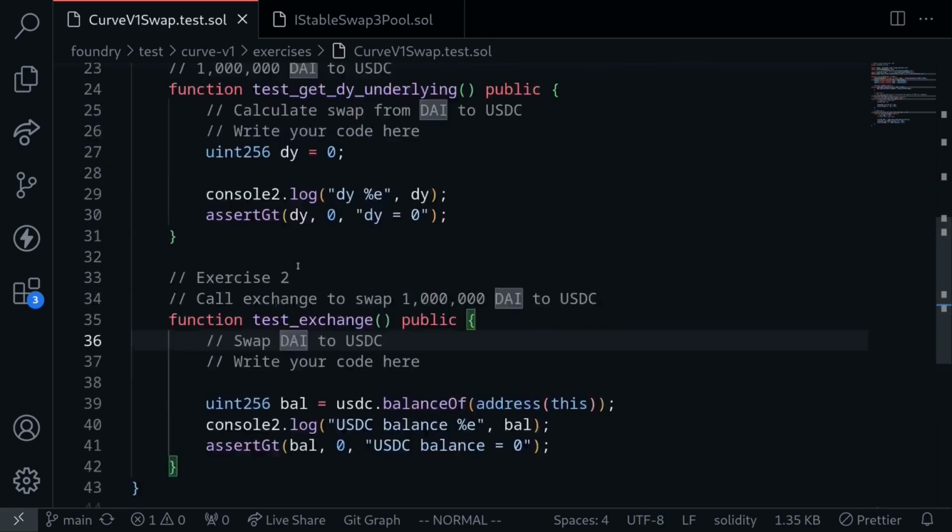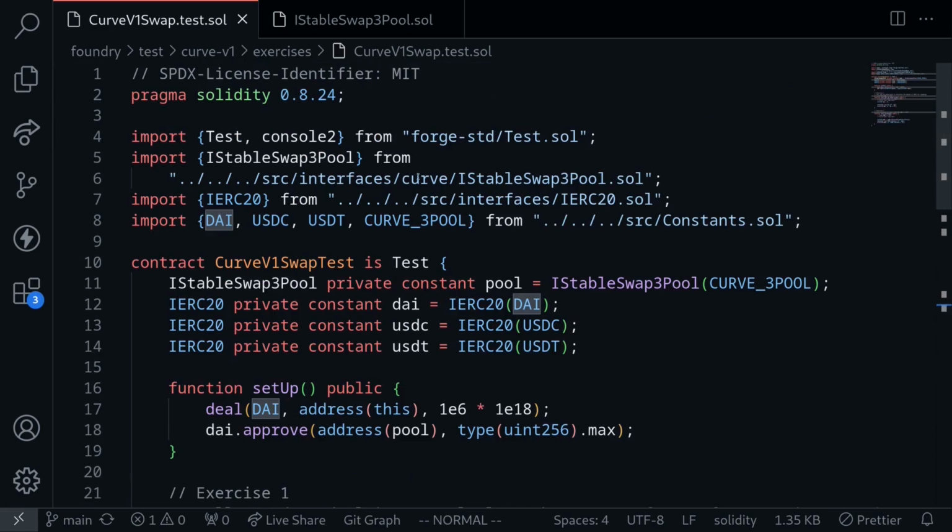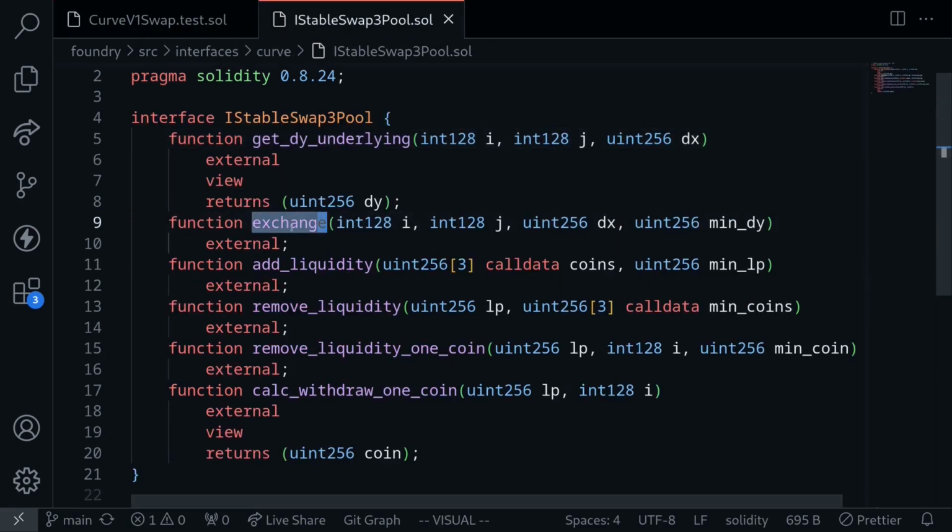To call the function exchange, you can navigate to the interface called IStableSwap3Pool, and the path to this is specified over here. Under src, interfaces, curve, IStableSwap3Pool. And here's the function exchange. The inputs are the index for the token in, the index for the token out, the amount of token that you're going to put in, and the minimum amount of token out that you expect to get back. So call this function to swap DAI for USDC.